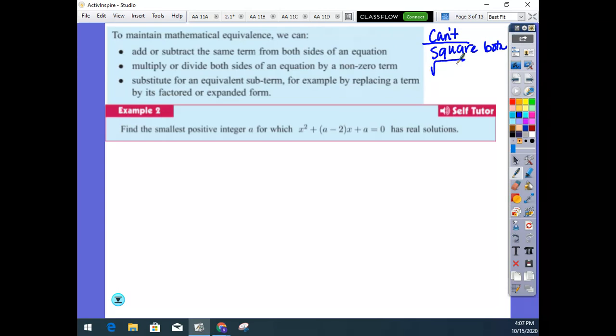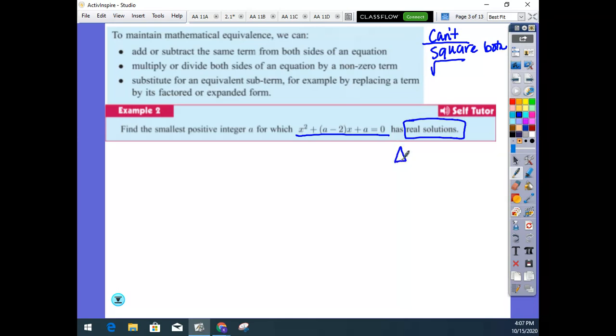Example 2 says find the smallest positive integer for which this equation only has real solutions. Now let's think about, when does a quadratic have real solutions? We can have imaginary solutions, we can have one solution, we can have two real solutions.